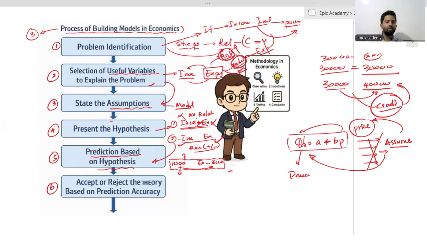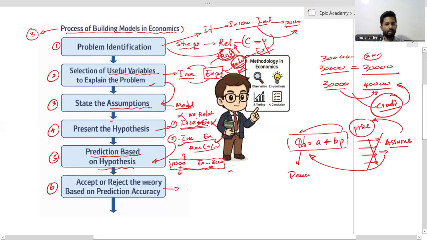Then now you can accept or reject the theory based on the prediction, isn't it? Yes. In theory, economic theory already reviewed that the relationship between income and expenditure is positive in the Keynesian model.